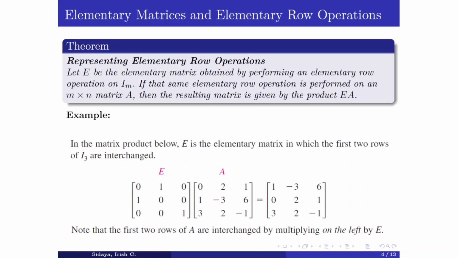Again, the idea is we can perform elementary row operations on a matrix by multiplying on the left by an elementary matrix with size such that the multiplication is defined.